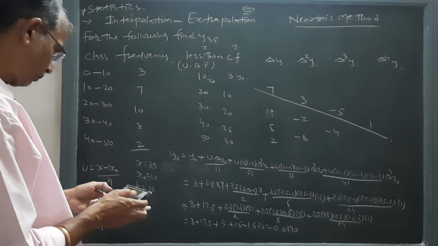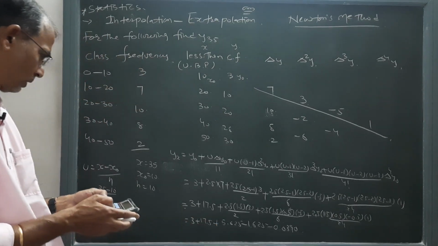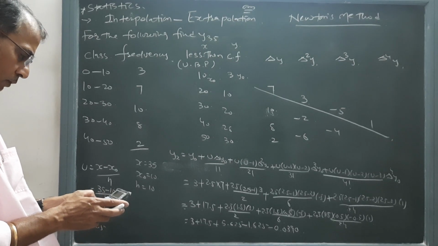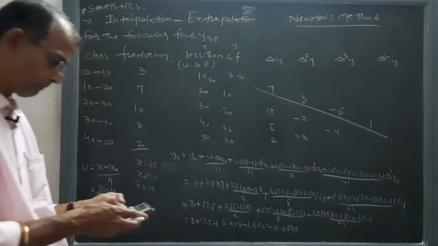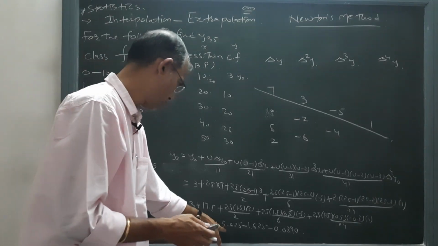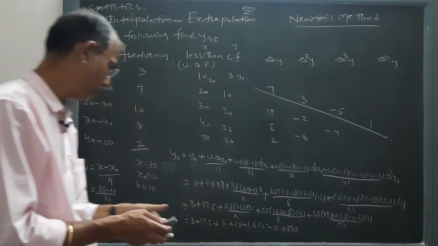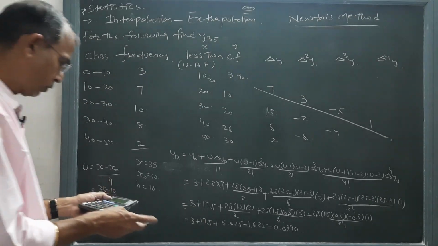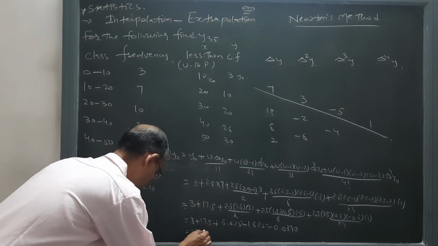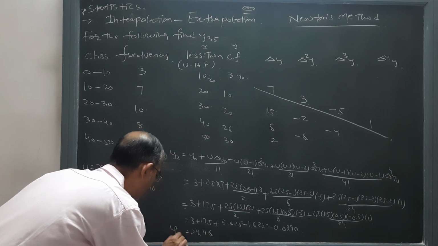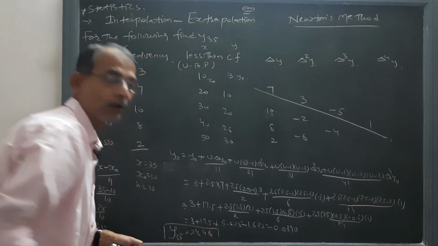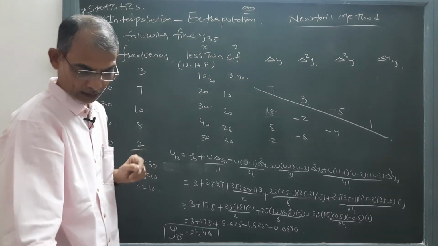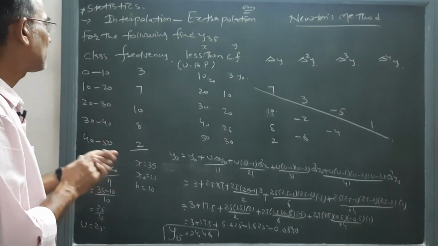So this will become 20.5 plus 4 minus 0.0390, and 24.46 will be y35. So 24.46 will be y35.